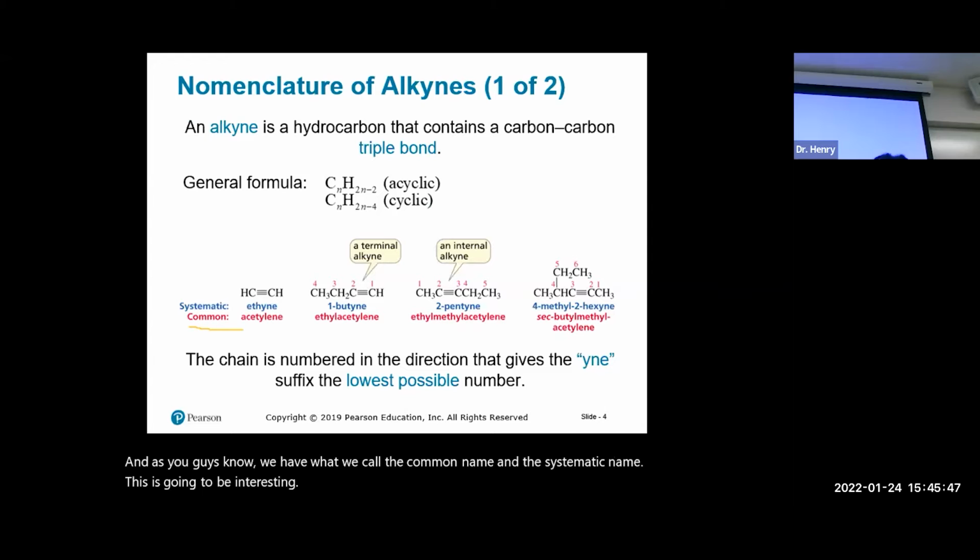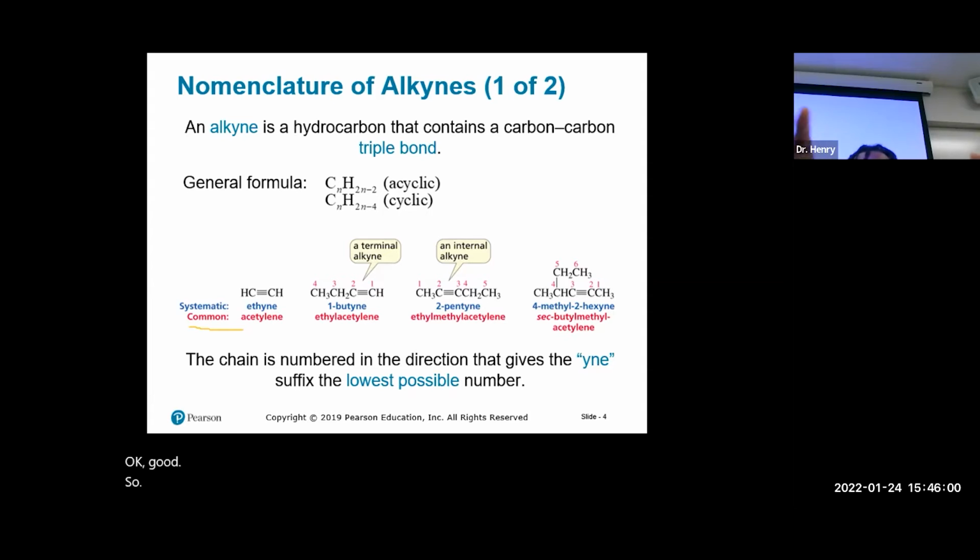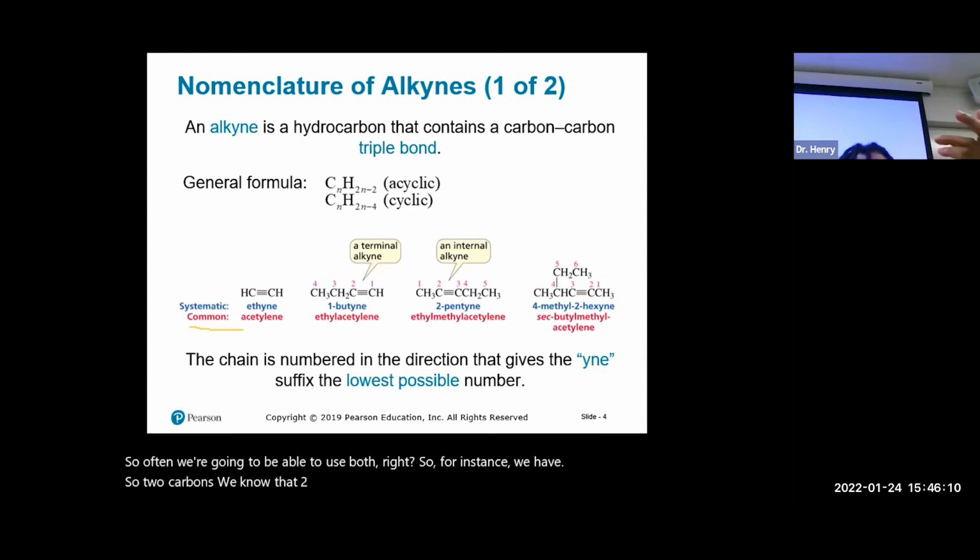Do you guys see me underline the common name? Did it show up on your screen? Okay, good. Often we're going to be able to use both, right? So for instance, we have ethyne, two carbons, we know that two carbon chain, ETH, right?